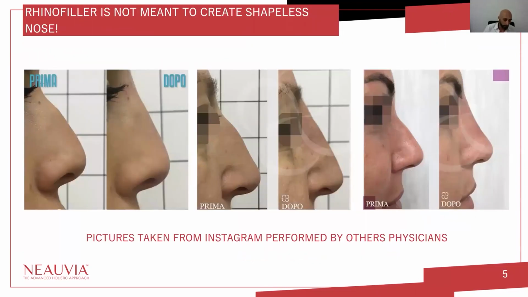For example, looking at this picture taken from Instagram, we can see that the concept is not really clear to everybody, because usually the approach for non-surgical remodeling of the nose is characterized by a reduction of hump perception. But in these cases, as you can see, there's just a hump elongation. So those are not natural results.